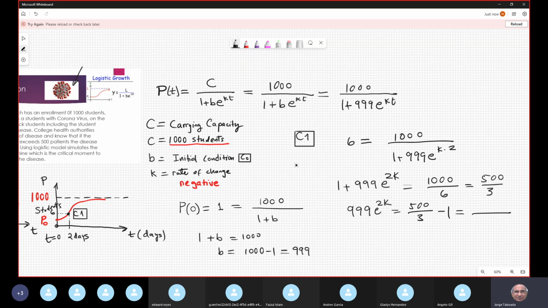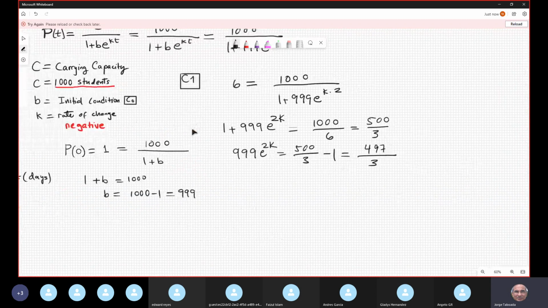And 1 is 3 over 3, so it's basically 500 minus 3, which is 497 over 3. Everyone follow me so far? Yes. Now, divide both sides by 999 because I want to isolate the exponential. e to the 2k is equal to 497 divided by 3 times 999.